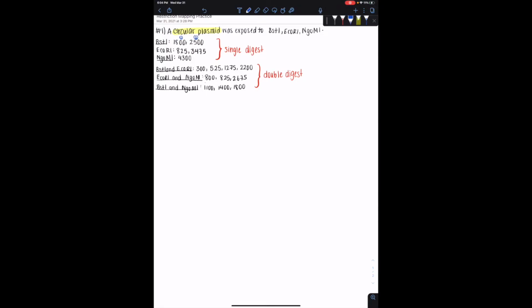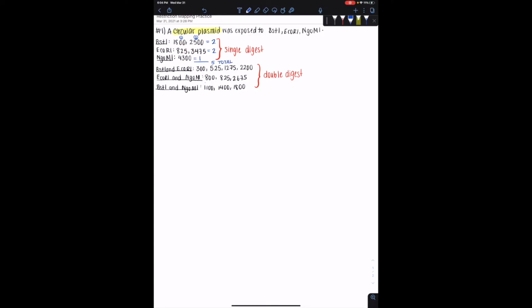But I'll just keep it as circles for now. So B makes two cuts, Eco makes two cuts, and N makes two cuts. Our final digest is going to have five cuts in total, which will be pretty important information later on.